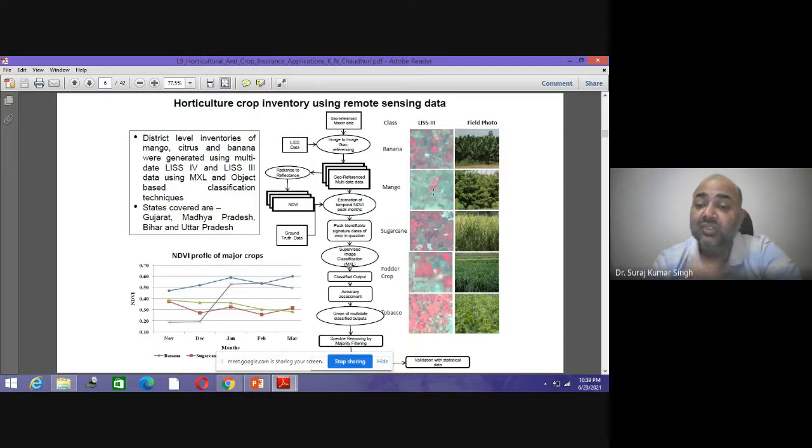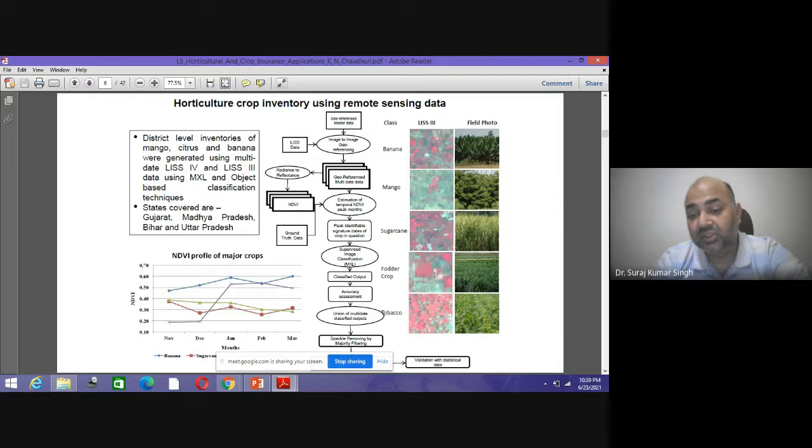In the second image, we have marked the various mango trees in and around the area of interest, and the same field photographs are attached to strengthen our results, showing how what we mapped in the satellite image looks in the field. The third one is sugar cane, which has a particular pattern, shape and size, and how it looks in the field. The fourth one is fodder crops that are grown for animals.